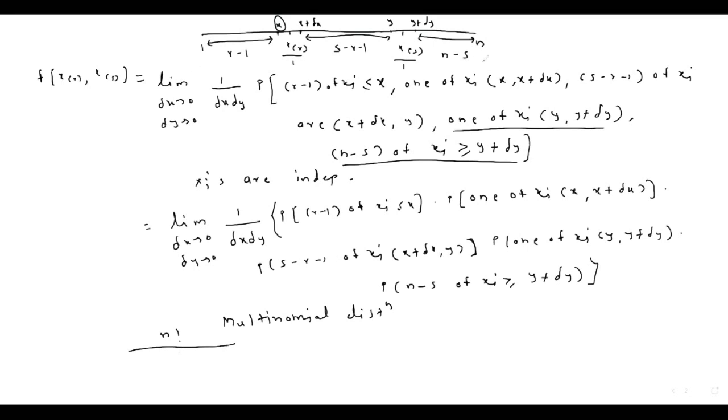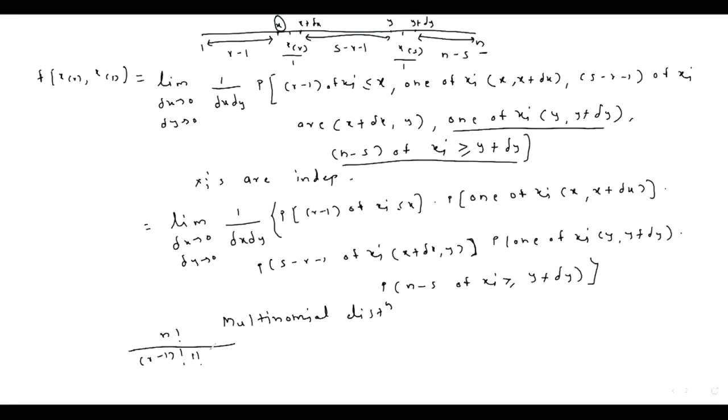So over here I have the number line, so I have a total of n observations. Then these n values are distributed in 5 regions, and the first region contains r minus 1 observations. So r minus 1 factorial. Then what I have, 1 factorial.